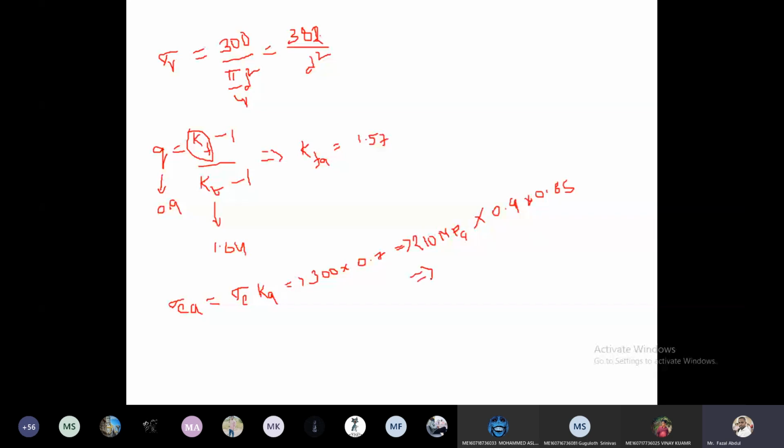I am directly multiplying the surface factor and size factor here. What is the answer here? 160.65 megapascal. Okay.